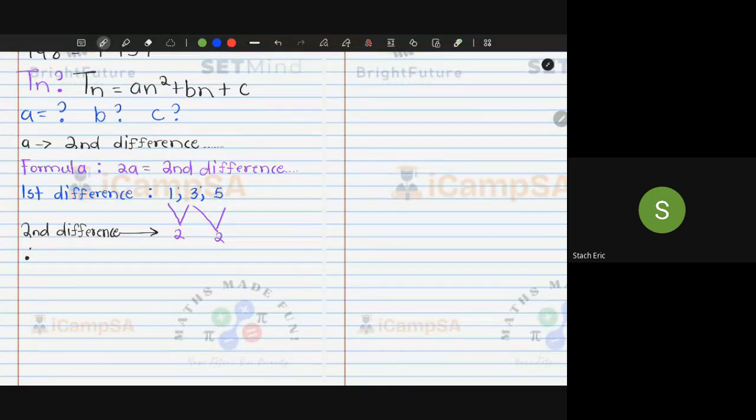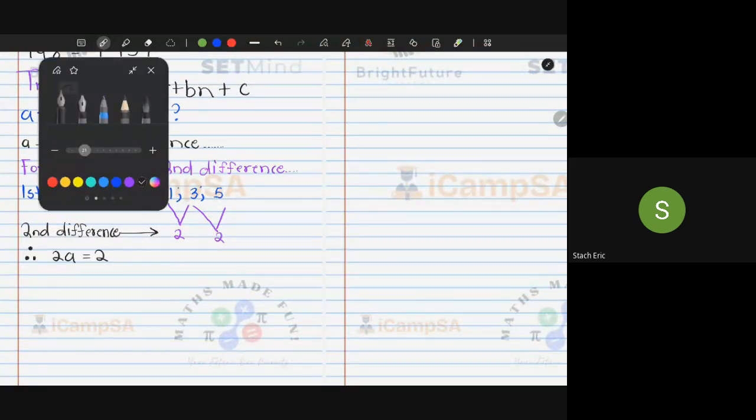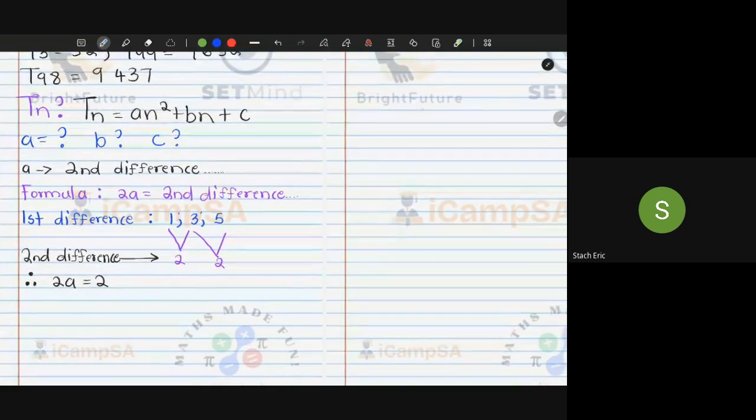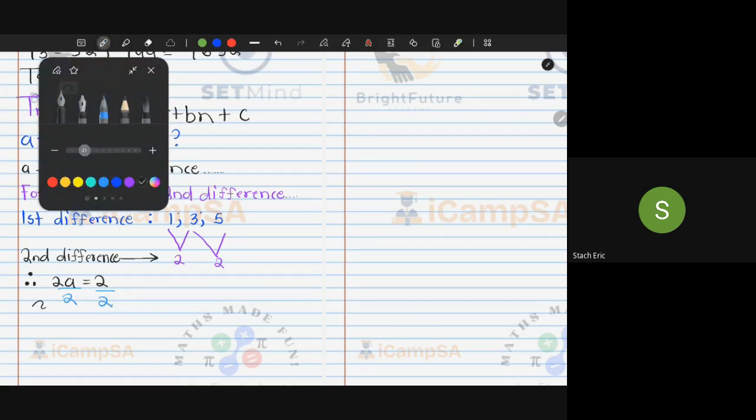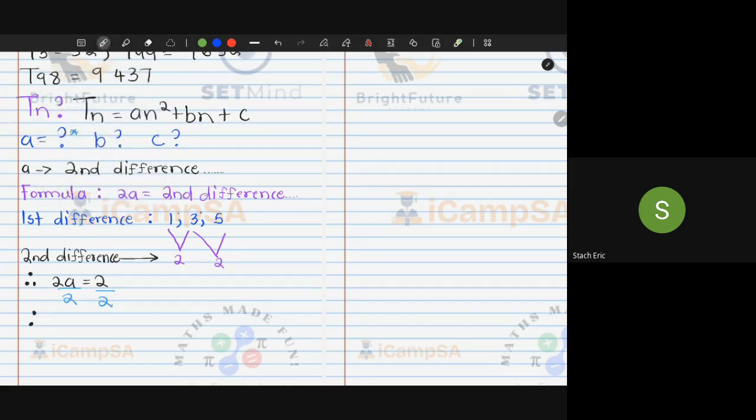So this means that 2 times a will be equal to 2. But remember, we are looking for a because it is one of the things that we don't know. So we must divide by 2 and divide by 2. So therefore, the value of a is 1. That is what we have found.